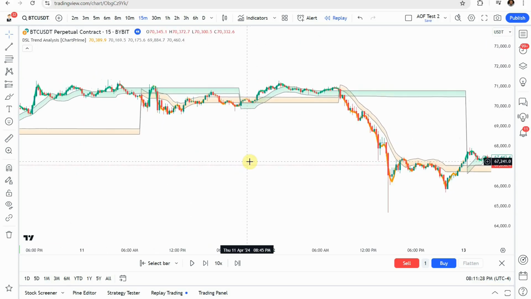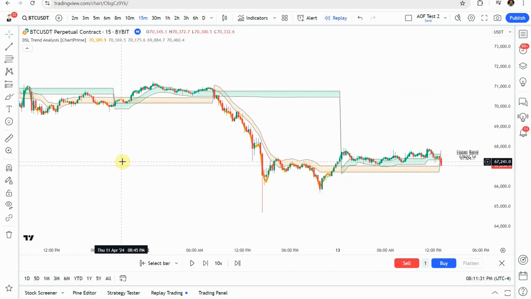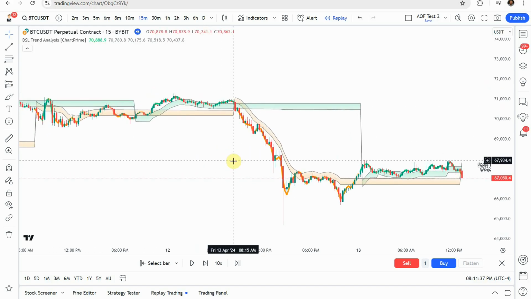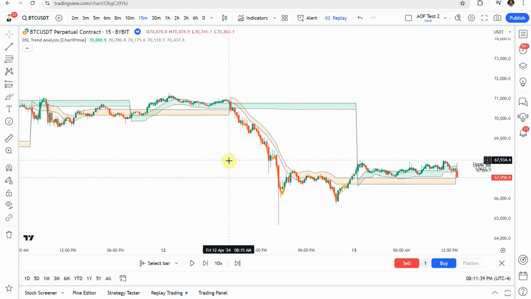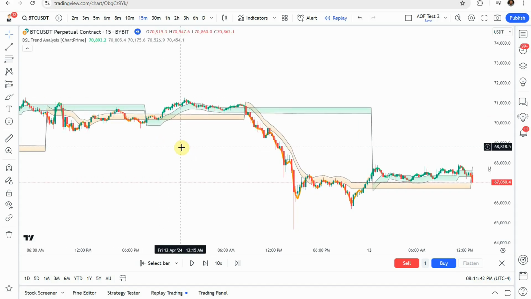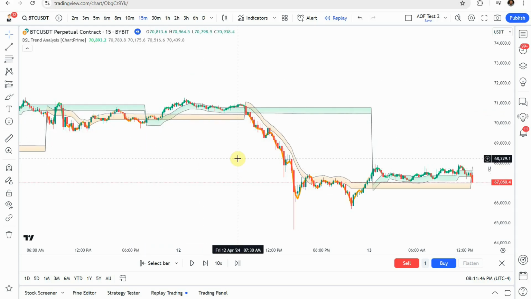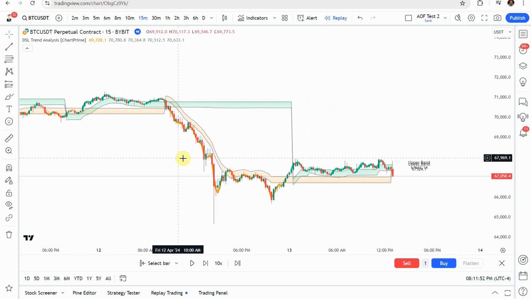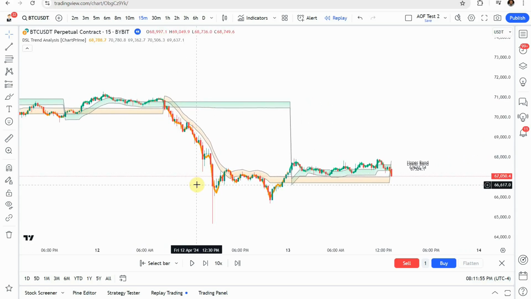And what we are specifically looking for is how price interacts with these zones. And so when price is trading above both of these zones, then that should be a sign of upward momentum or an uptrend. And when price is trading below both of these two zones, that should be a sign of momentum to the downside, or a downtrend.